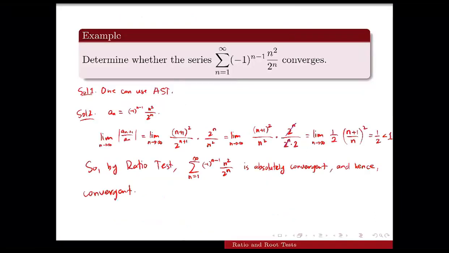If you look at this, you have the power 2 to the n, and here you just have a polynomial, which is totally fine. So those are some hints that will let you think that the ratio test is the one you're going to use.